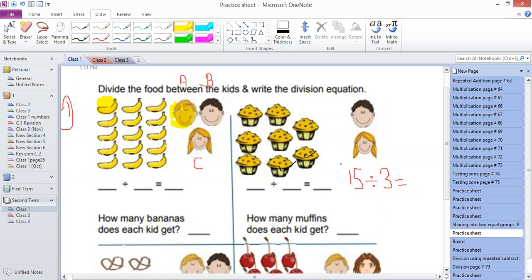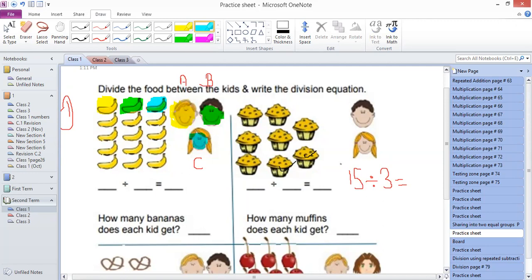I give 1 banana to A. Now I'm going to give 1 banana to B. This banana is for B. And now I will give 1 banana to C.